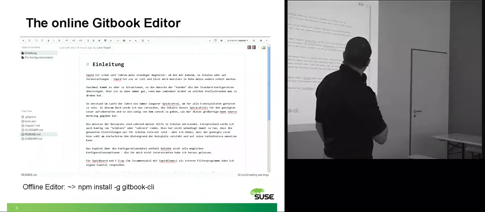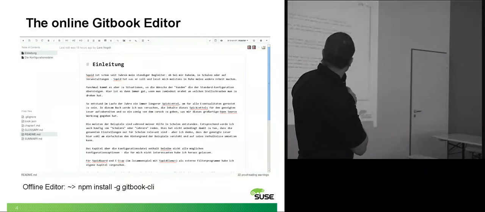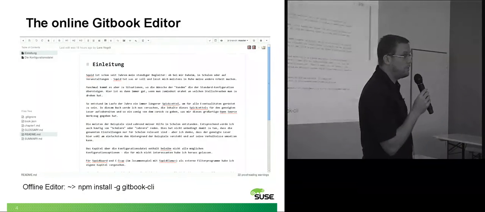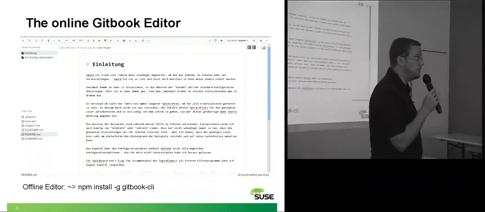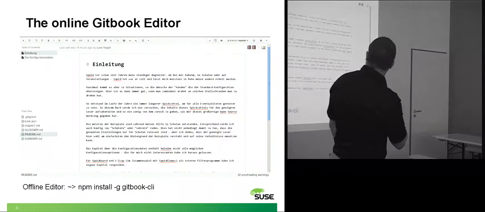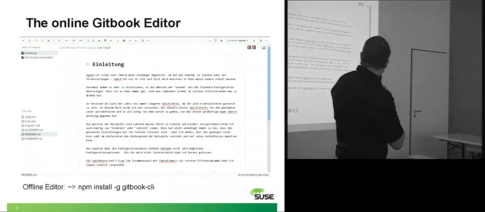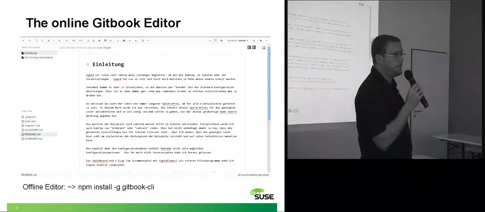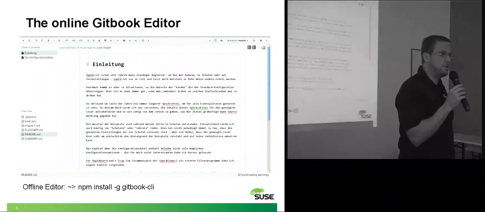So the GitBook editor is very easy. If you know LibreOffice, if you know Word, you probably know also those little icons above where you can say, okay, that is now in bold, or it's a headline or whatever. You can see the content, and that's really simple Markdown. You don't have to learn something new.